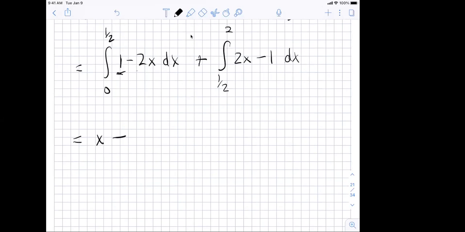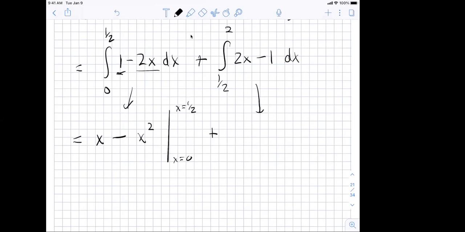Minus, what's an antiderivative of 2x? X squared. Good. x squared. So this piece right here is just that. And then I'm going to get plus.